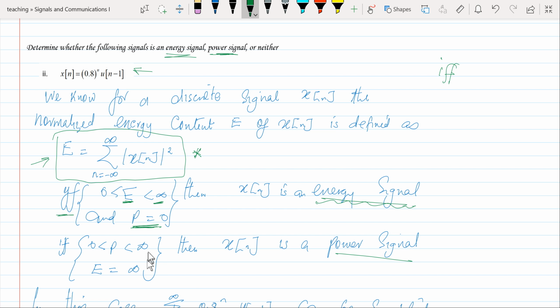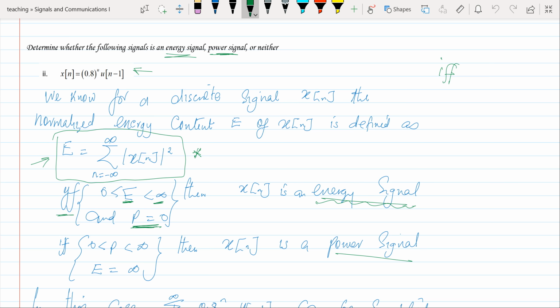If we evaluate energy and find that it is less than infinity, we most of the time conclude that power will be 0 and this satisfies the energy signal. But it's always wise that we evaluate the full condition.